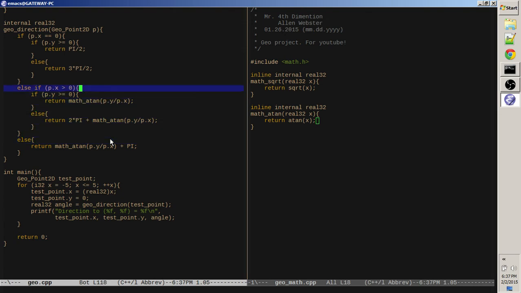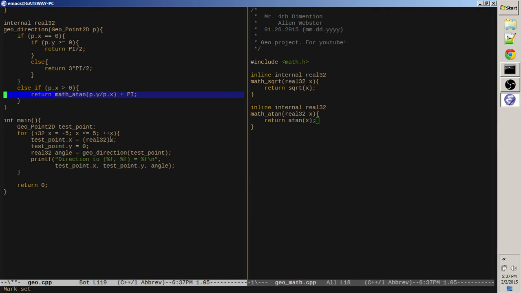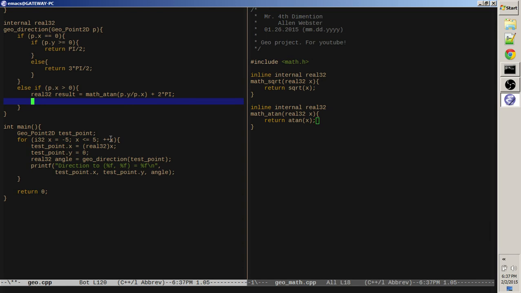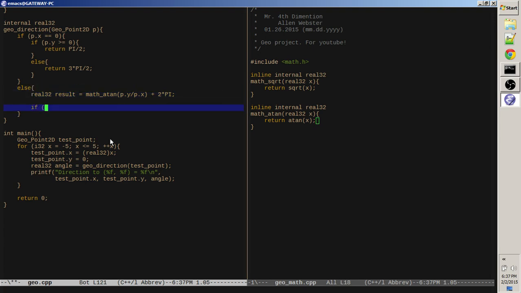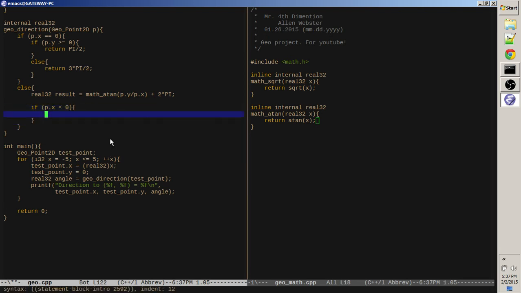If we're not in that case, we take 2 pi here, and we'll store this temporarily. We'll call this the result, equals, and then we add 2 pi, and then we do a second if: p.x is less than 0 strictly, so that is we're in this half of the circle, then take what we have and add another pi.